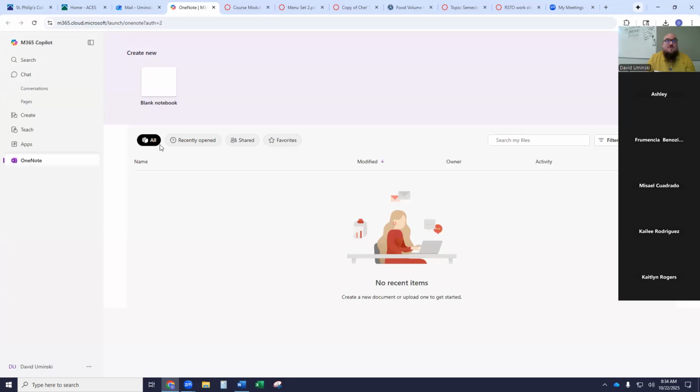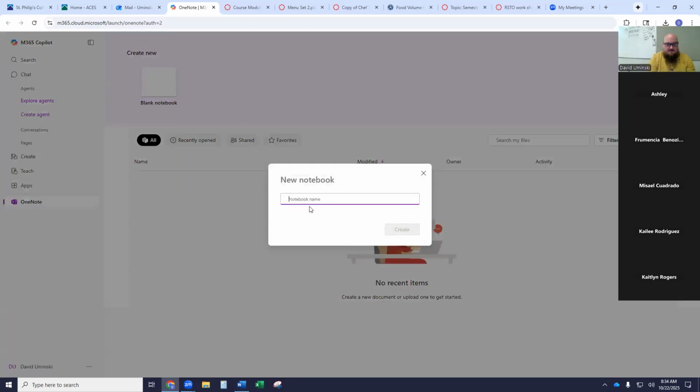So in OneNote, you can call this RSTO project.